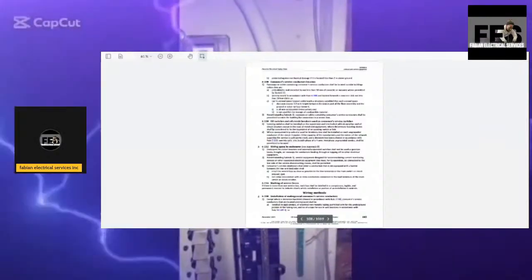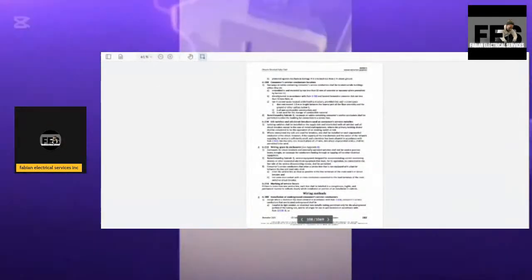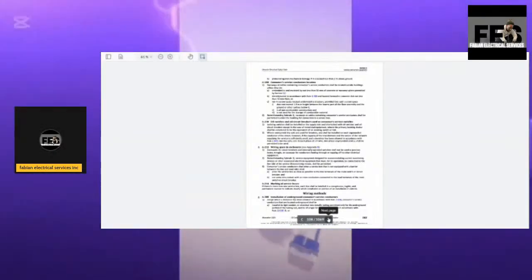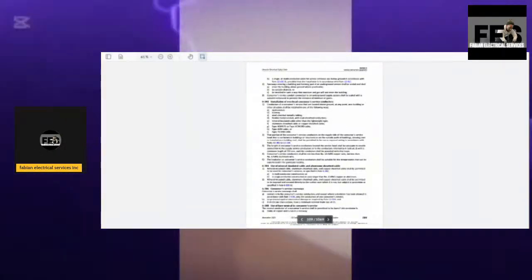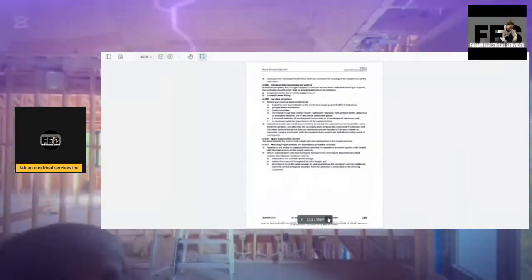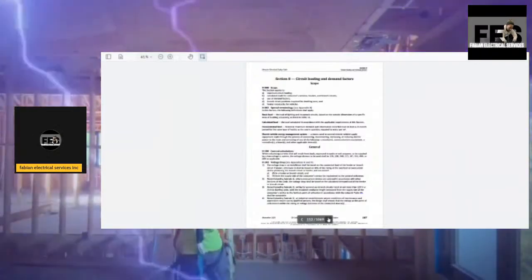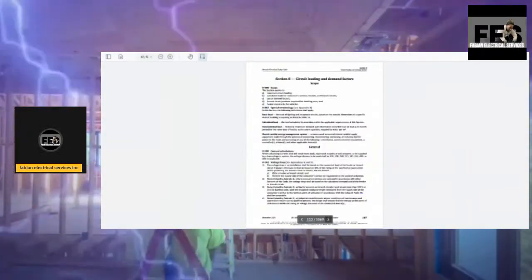So we're going to go back into the actual stream that I have going here, and look up a rule on grounding and bonding. I believe that is in the section on circuit loading and demand factor.